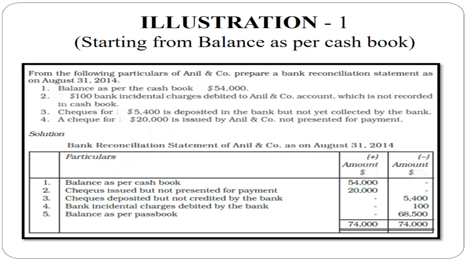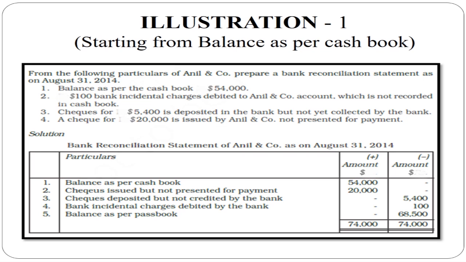The bank passbook of Messrs. Brother and Company showed a balance of $45,000 on 31st May 2014. First, checks issued before 31st May 2014 amounting to $25,940 had not been presented for encashment.